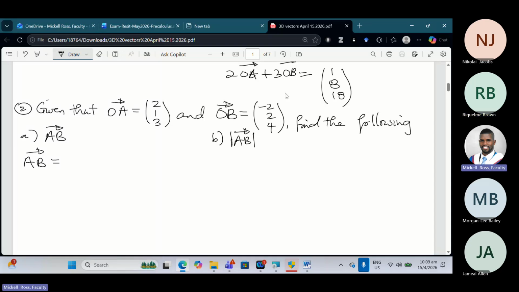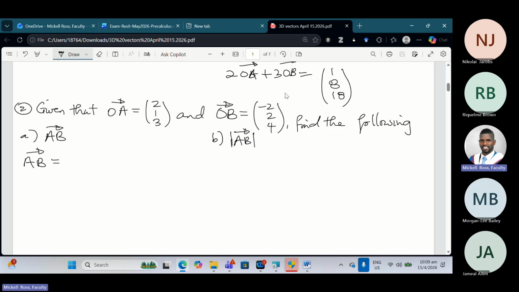How do we know that? They start with O, meaning they start from the origin. Both points start from the origin. So they have the origin in common.